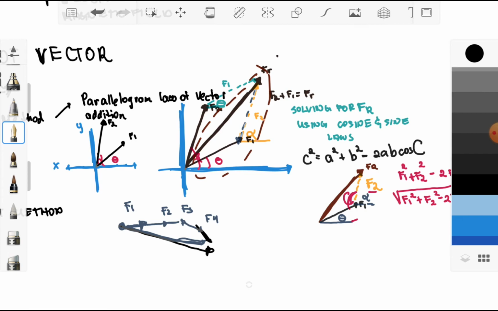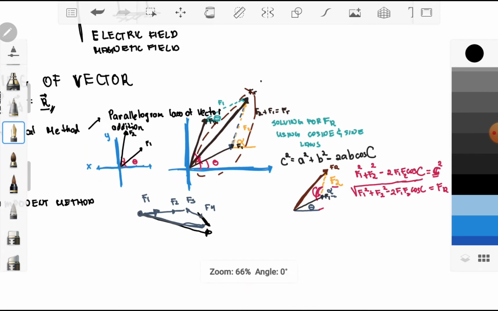Take note that we are indicating your vector quantities. So therefore, the arrows of your vector show the direction of your vector force or vector quantity.